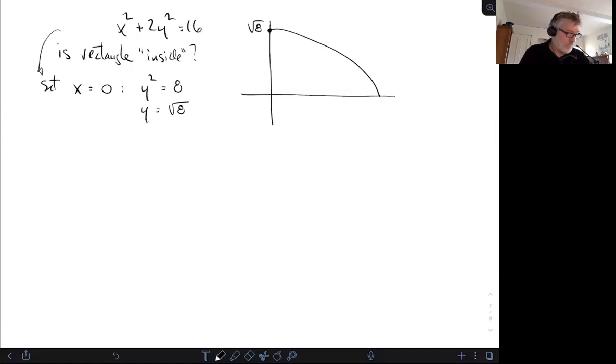This is bigger than 2, okay? So 2 is around here. So far, so good. Set y equals 0, you're going to get x squared equals 16, so x equals 4. So 2 is here also. Am I safe? Maybe not. What could happen is you have something that looks like this.